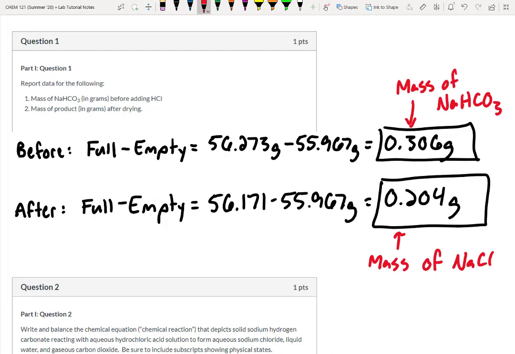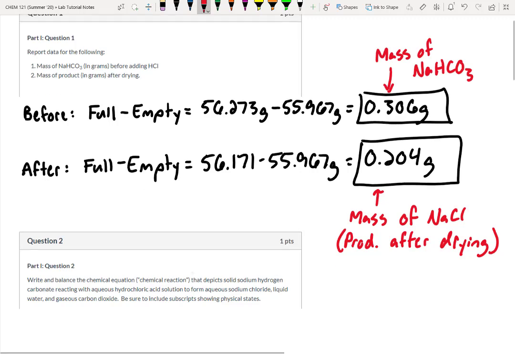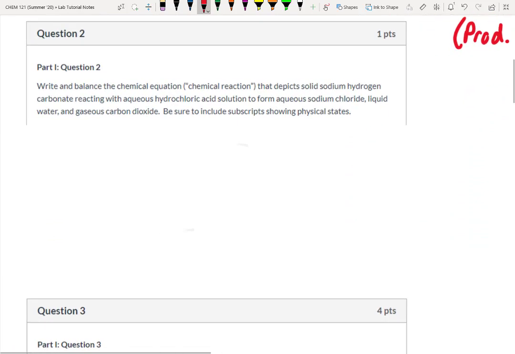That's sodium chloride, right? This is going to be our product after drying, right? Because in this chemical reaction, we're converting sodium bicarbonate into sodium chloride. Okay, so now we've got question 1 addressed, but we're going to use these numbers that I've boxed in the rest of the parts of this lab report. So let's jump into question 2.